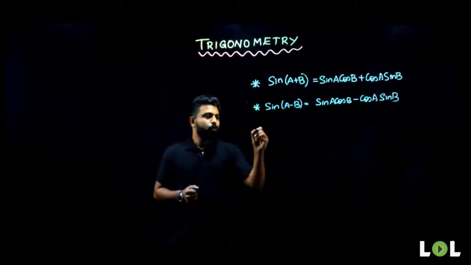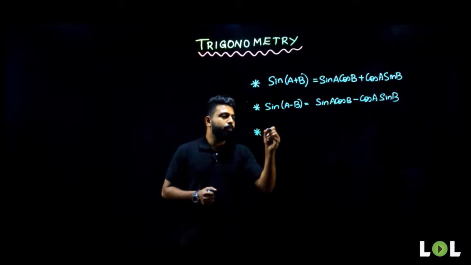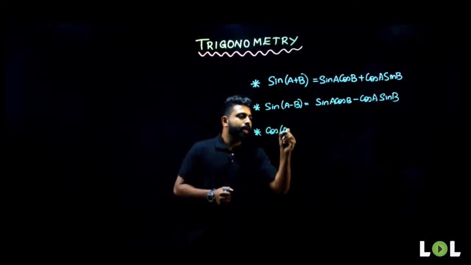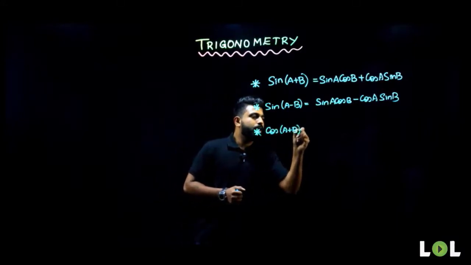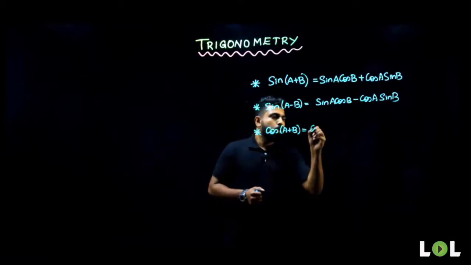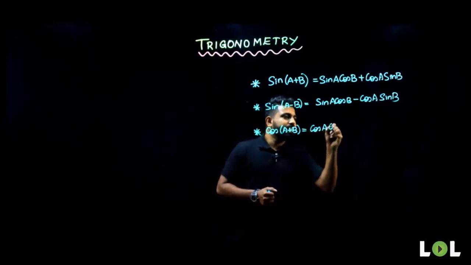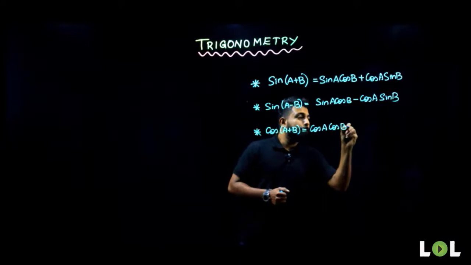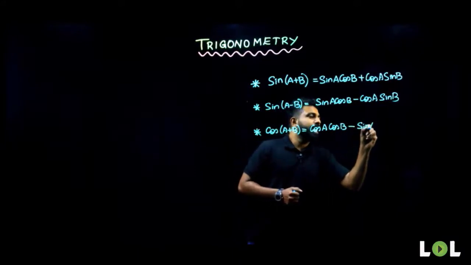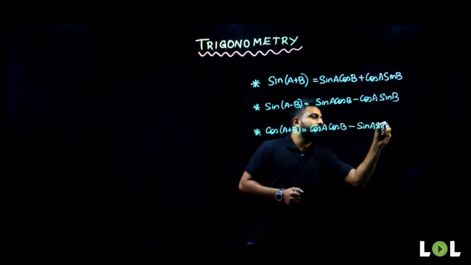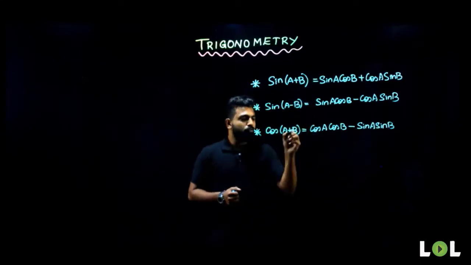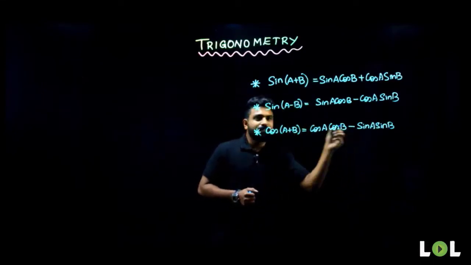So which is our next important formula? Next important formula will be cos of A plus B. That would be equal to cos A, pay attention here, cos B minus sin A sin B. You have cos of A plus B, you will get a negative sign here.